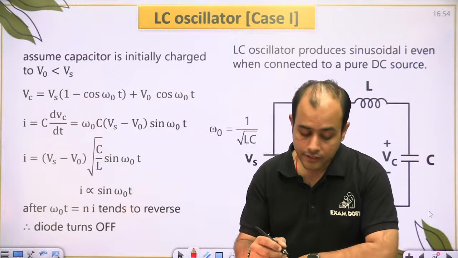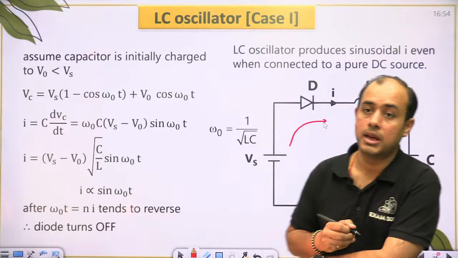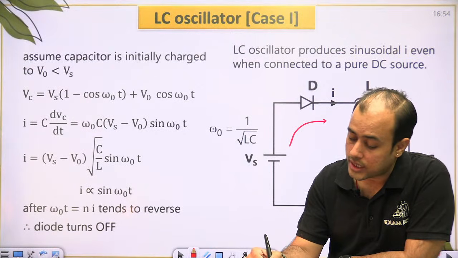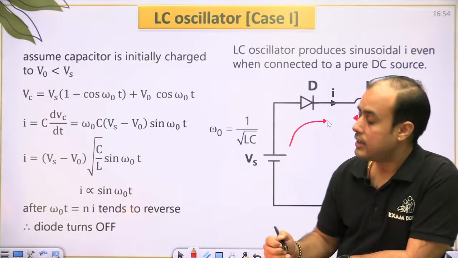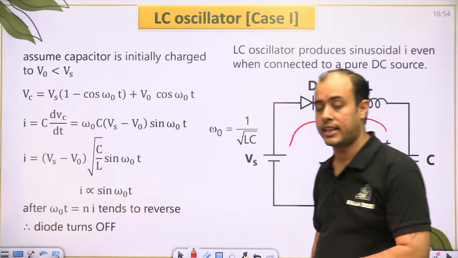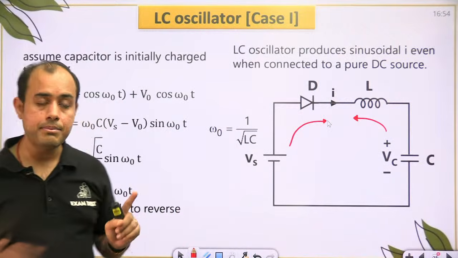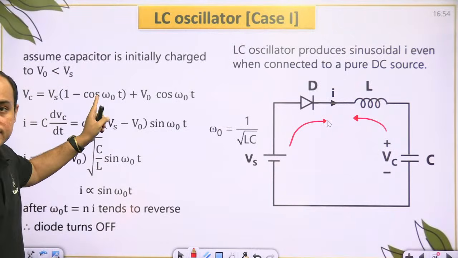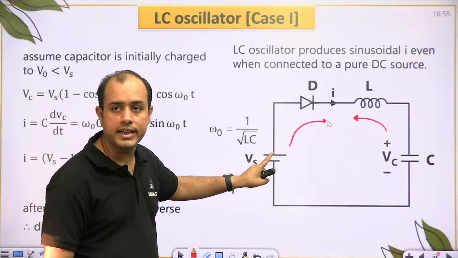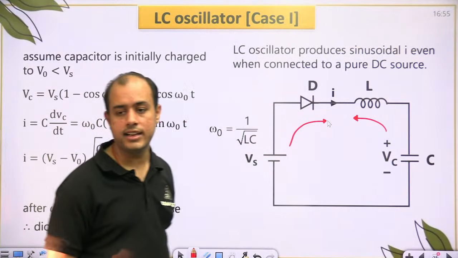So, beta, Vs will try to flow the current clockwise from the positive terminal, while V0 tries to flow the current anti-clockwise. Vs clockwise ले जाना चाहता है और V0 उल्टा ले जाना चाहता है. So, both the currents will be subtracted. Remember, if voltage contains cos, current will contain sine, and there will be two currents, due to Vs clockwise, due to V0 anti-clockwise.